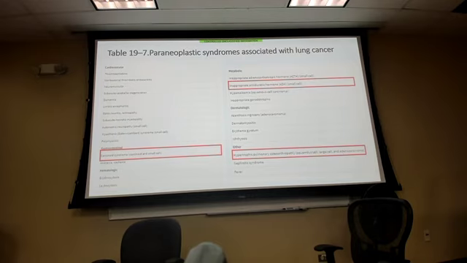So carcinoid syndrome, you're going to see that with carcinoid. Small cell loves to play around with your ADH, so you may have symptoms that look like inappropriate antidiuretic hormone issues. And then unfortunately all three love to do the hypertrophic pulmonary osteoarthropathy.